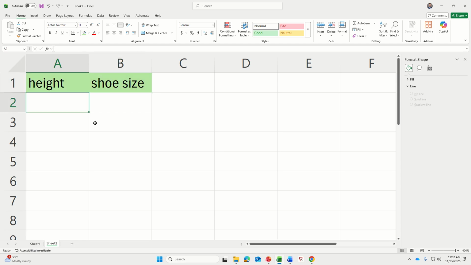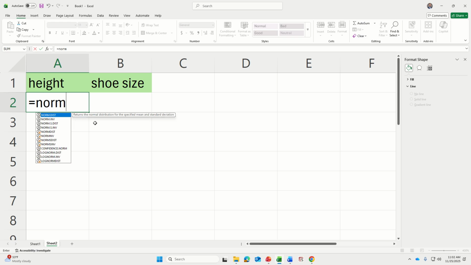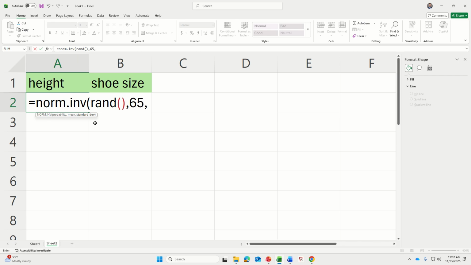Well, let's say height is a random variable, normally distributed, and it has a mean of, thinking about inches, what's the mean height in inches? Like 65 inches. And a standard deviation of, let's say, 3.